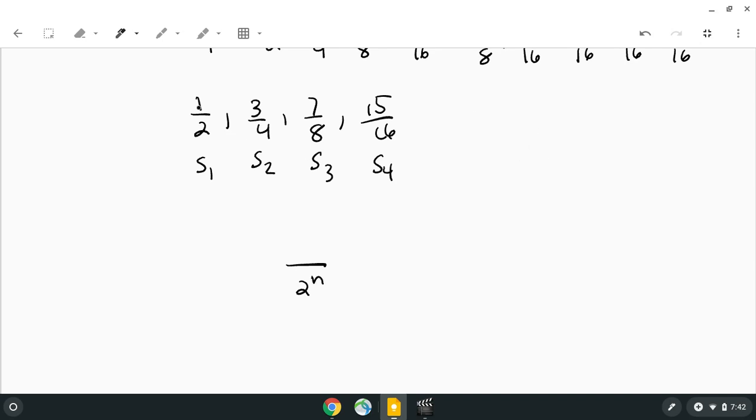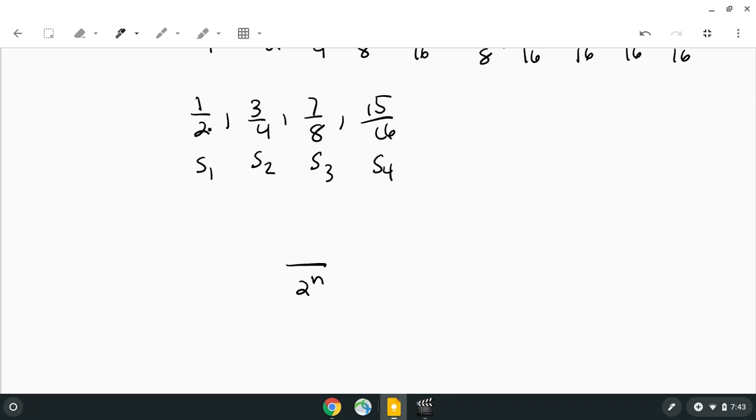Okay, what about these top numbers? 1, 3, 7, 15. Any relationship to the denominator? I think I see it. If you don't quite see a relationship going from 1 to 3 to 7 to 15, see if you can find one that relates to the denominator.